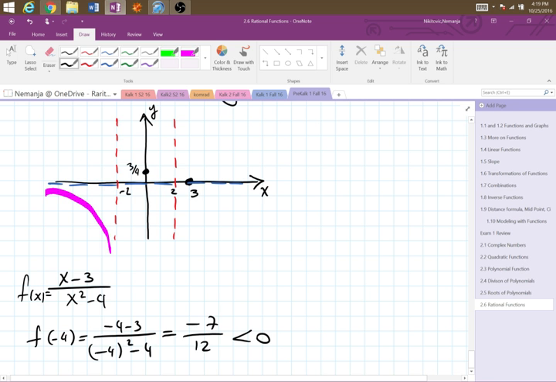Now, you pick a value in that region between -∞ and -2, pick a value and plug that value in the original function to figure out whether you are keeping the lower part or if it's the positive upper part. So that's the analysis for the first, and that's the same analysis that will go for this end here as well. The middle is different.